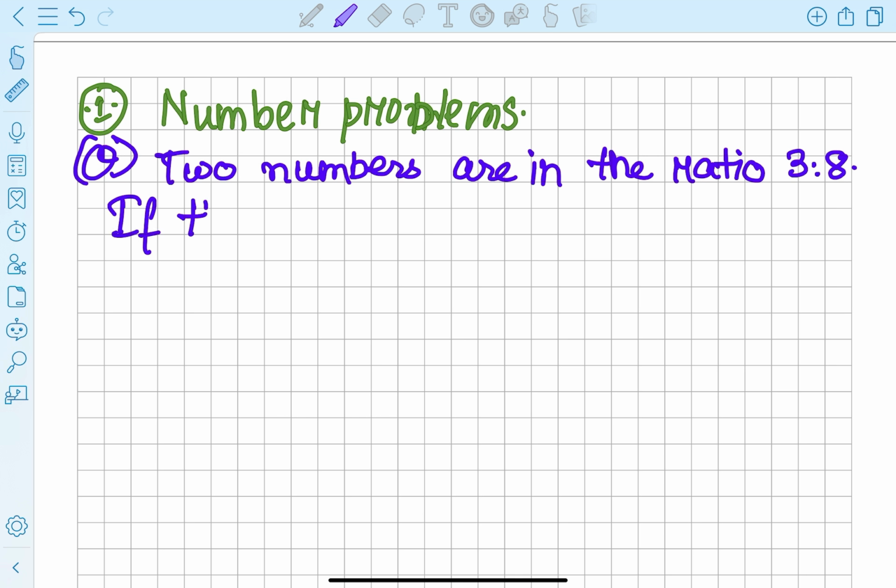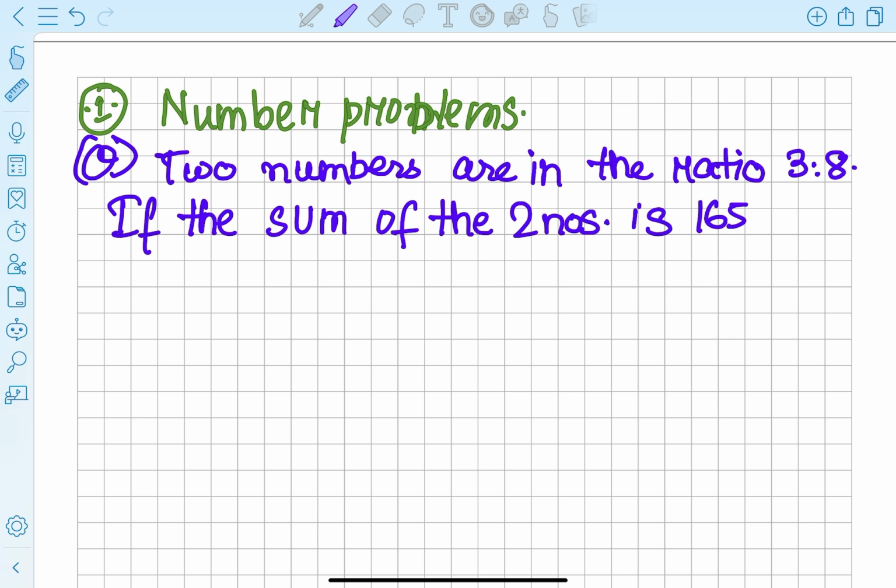If the sum of the two numbers is 165, find the numbers. How to do this?